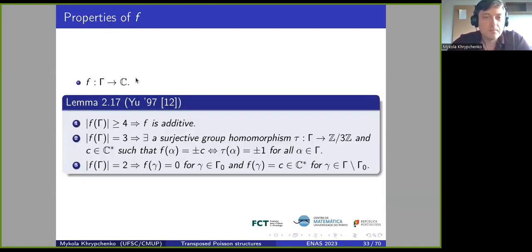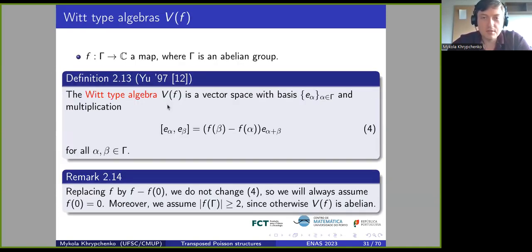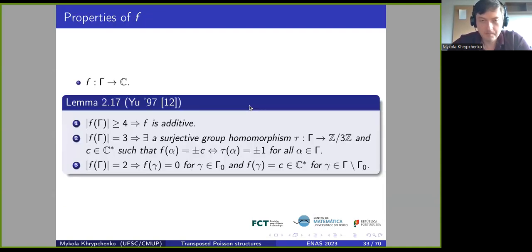Okay, let's see. As I said, we do not assume that the map is additive in general, but if it takes at least 4 elements, then it's automatically additive. This follows from that condition on F. This can be proved, and it was proved by Yu in his original paper where he defined these algebras. If F takes exactly 3 values, then it factors through a group epimorphism onto the group of 3 elements.